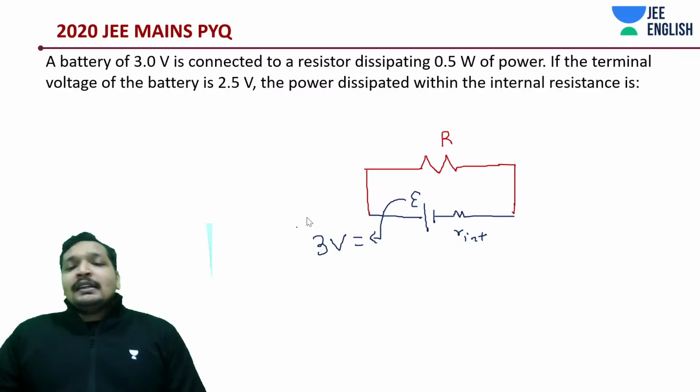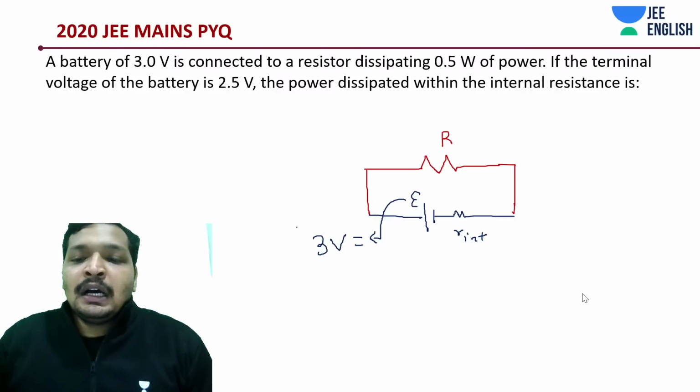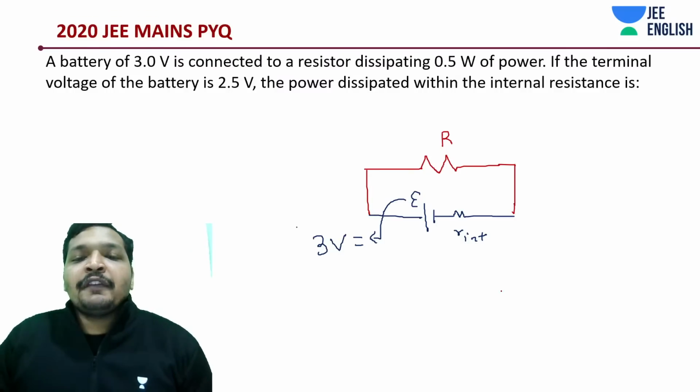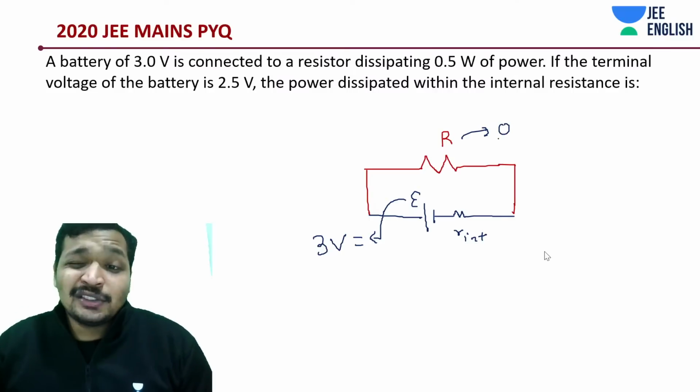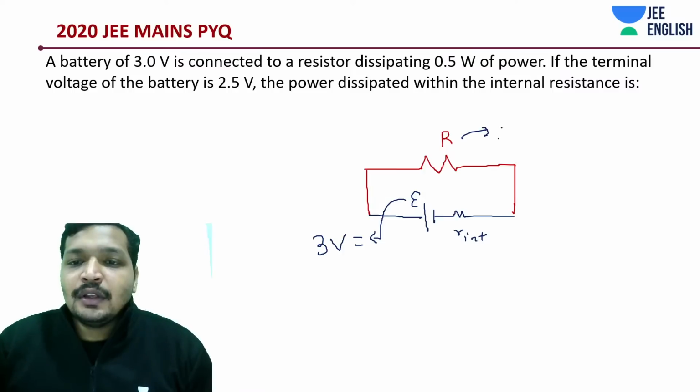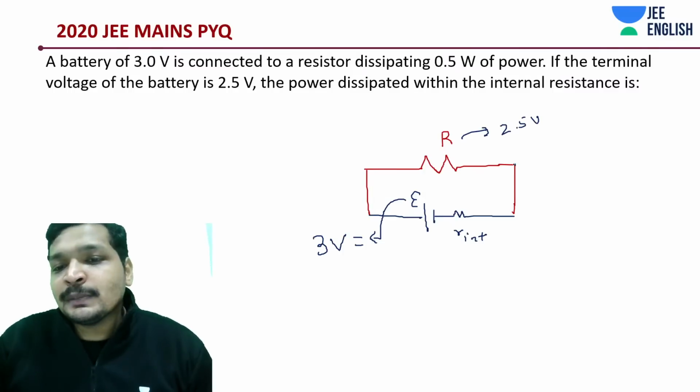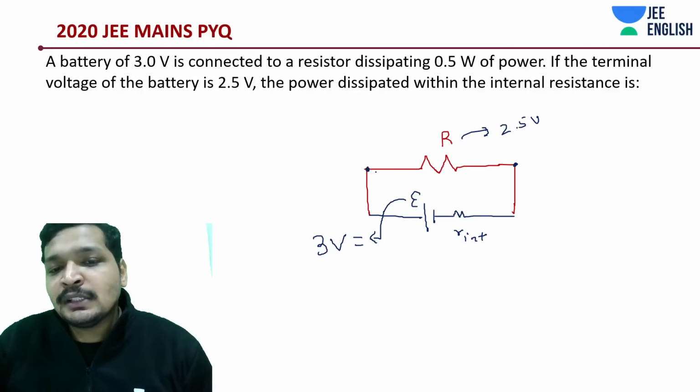But what has happened? This resistor over here is only getting 2.5 volts. I'm really very sorry, I said 0.5 earlier. 2.5 volts means the potential across it is 2.5 volts.